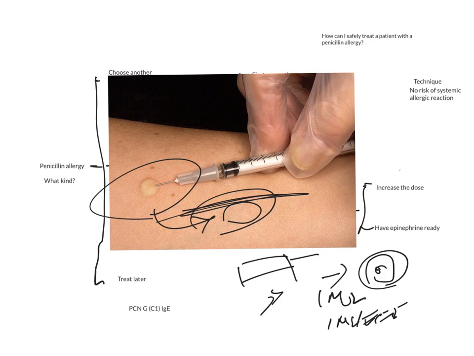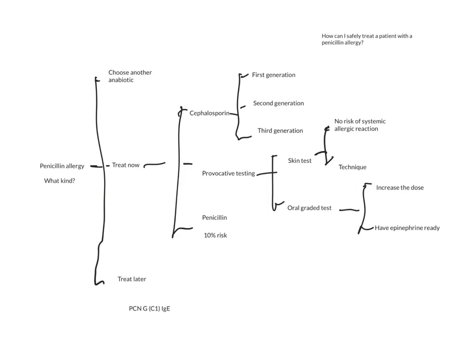If it's negative and you have no other choices, then you can give them penicillin. The big advantage of a skin test is that there's no risk of systemic allergic reaction, and it can be done immediately. The downside is that it is somewhat technique dependent, but all you're really doing is just placing a wheal the same way you would with lidocaine.